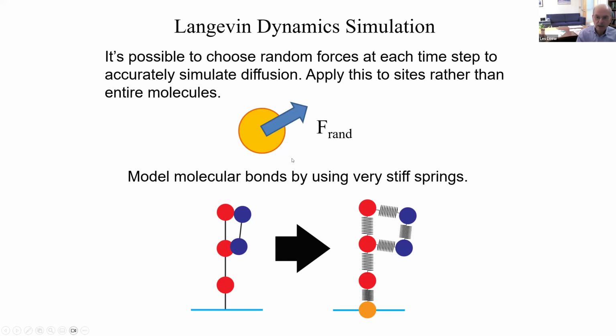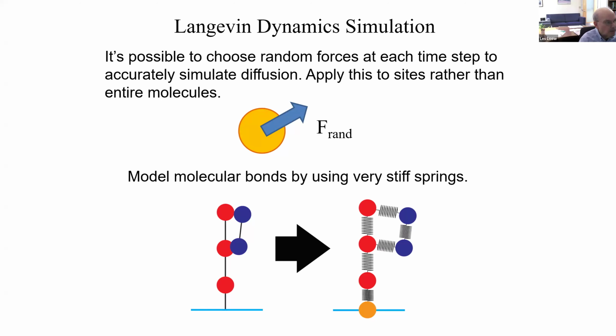The forces are in random directions and random magnitudes, but the envelope of those random magnitudes comes down to the diffusion coefficient that you've assigned it in the inputs. So the diffusion coefficients are translated into these random forces that make the individual spheres move in different directions, but in proportion to that diffusion coefficient.